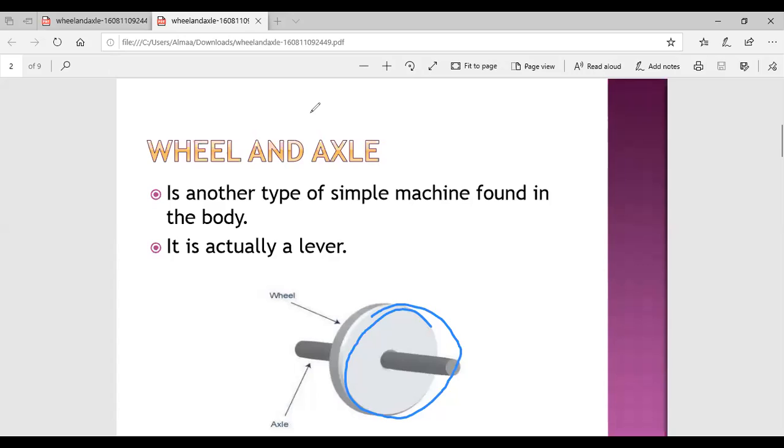So we have studied the machines up to this moment: the lever, and we have seen many different examples of levers, like the seesaw. We have seen how we can use them to enable us to do some kind of work. Sometimes you can't do some kinds of actions, and you want something to do the work for you.